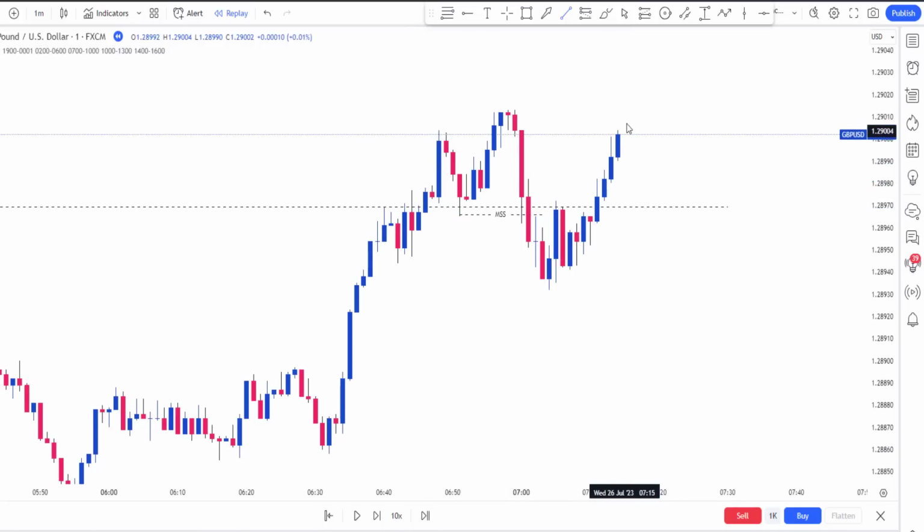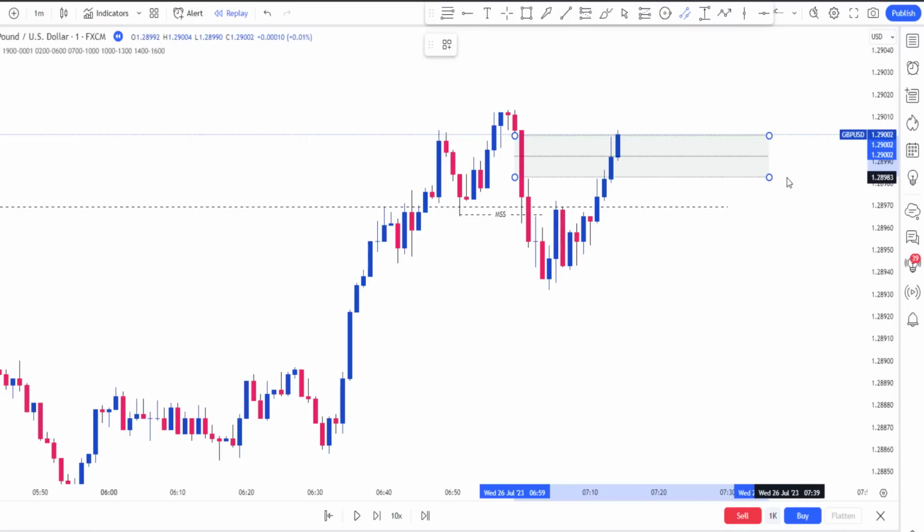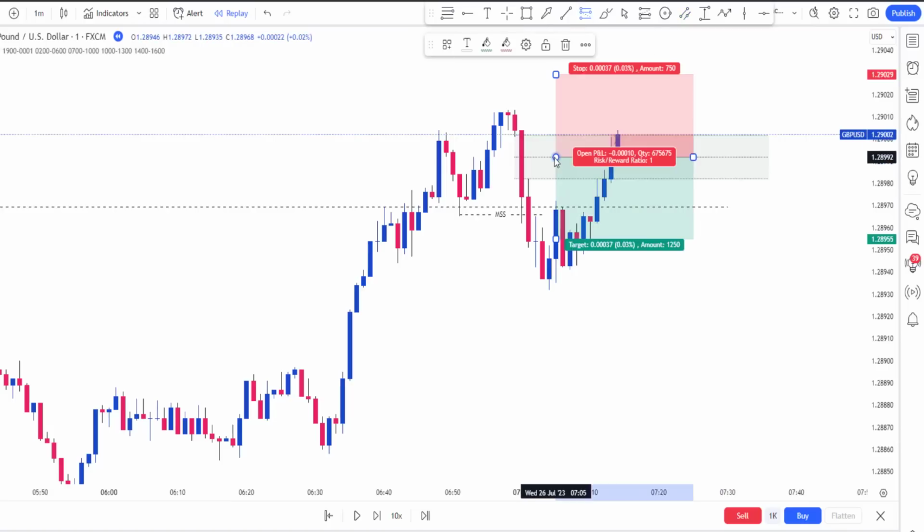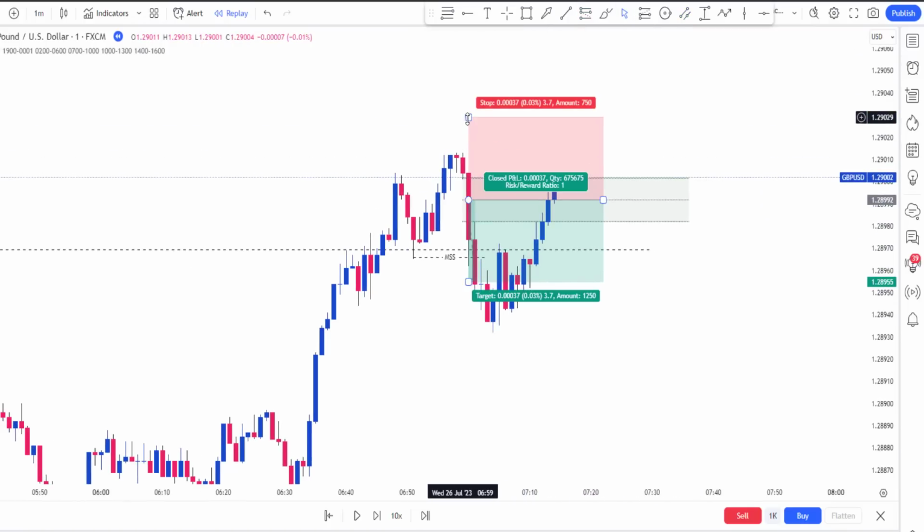Where did I even enter the trade? Yes, here. I entered the trade in this very big fair value gap, because I wasn't so happy with this order block, and I decided to enter at the consequent encroachment right here. Let me show you. Right here, consequent encroachment, and my stop loss was somewhere around here.